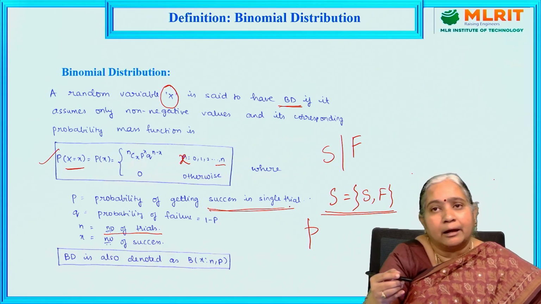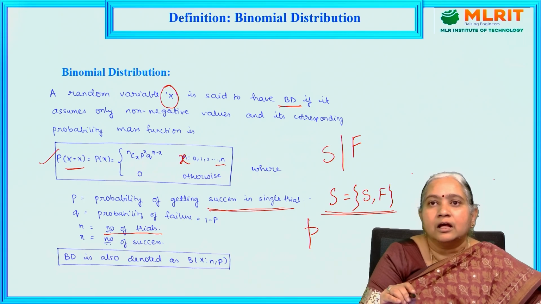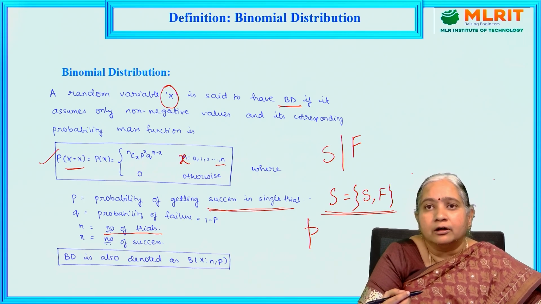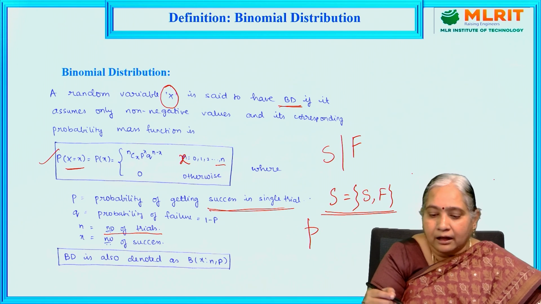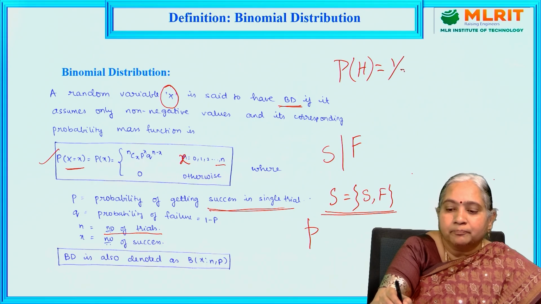However many times the random experiment is performed, we find the probability of success for a single trial. What is the probability of getting head when tossing a coin? The probability of getting head is 1 by 2.